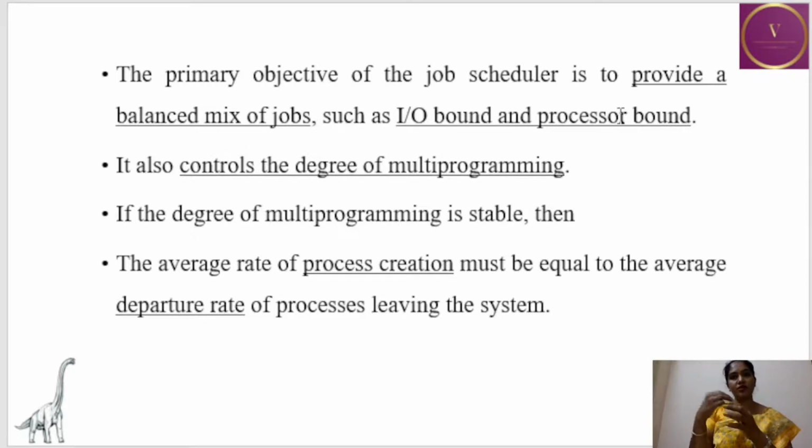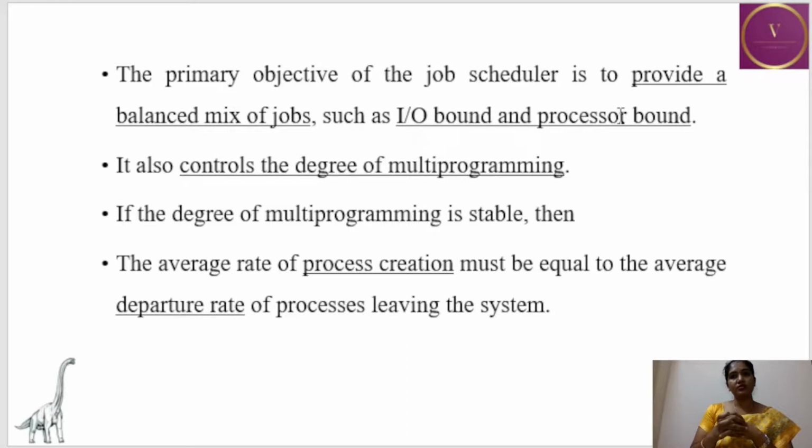Whereas processor bound means more calculations are done, that is more operations are done in the CPU, and the IO queues are always empty. So there must be a balance between IO operations as well as CPU operations. For that purpose we are using long-term schedulers.